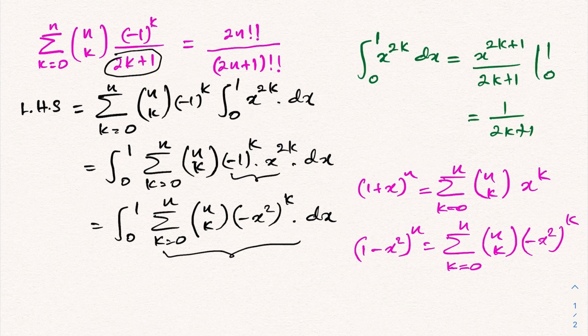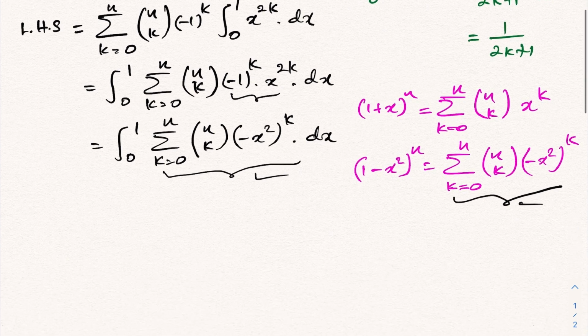So now we have this part and this part are the same, so we can write this is equal to the integral from 0 to 1 of (1 - x^2)^n dx.